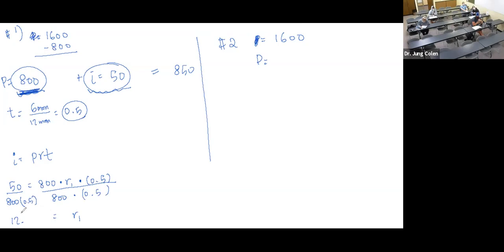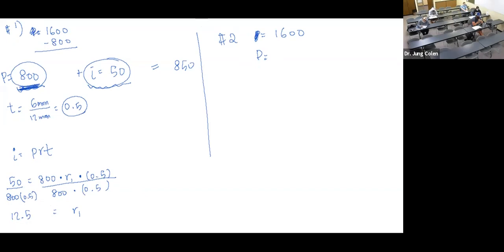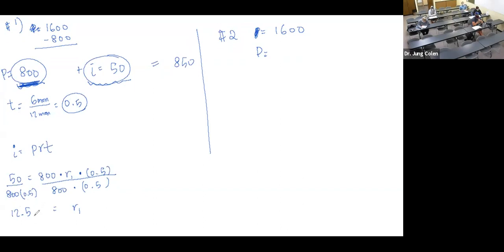Everybody got the same one? 12.5. So that's your interest rate. I think that's really big number. You got that as percentage. Okay, that makes sense. So you're going to get 0.125 there. So changing that to percentage, you get 12.5%.